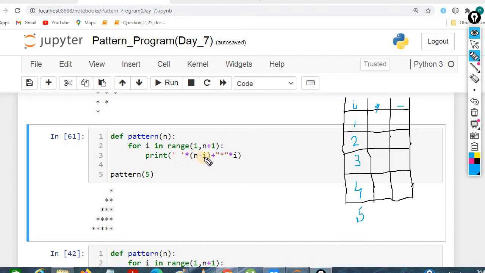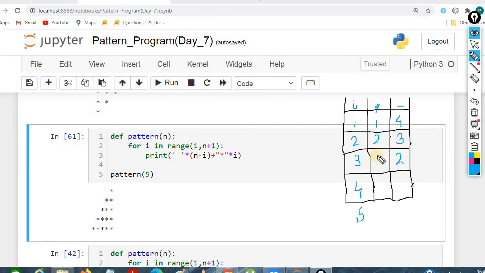For space, n minus 1 is 5 minus 1, it's 4, and the star is 1 because it's multiplied by 1. For the second iteration, n minus 2, 5 minus 2 is 3 for space, and for stars it's 2. We have to print 2 stars and we get 3 spaces. Then i equals 3, n minus 3, 5 minus 3, we are getting 2.